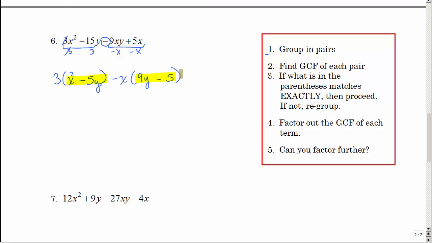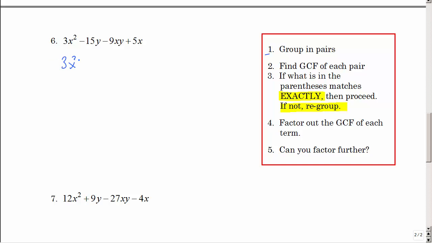Do those match? If what is in the parentheses matches exactly, then proceed. If not, regroup. Well, those don't even come close to matching. So I'm going to regroup. So instead of putting the first two and the last two together, I'm going to rewrite it in a different order.